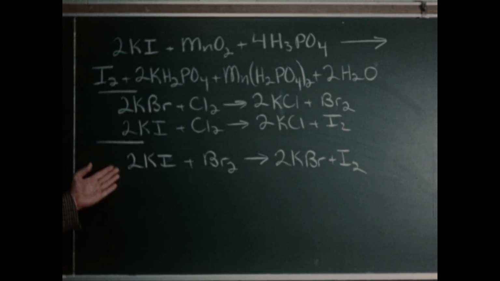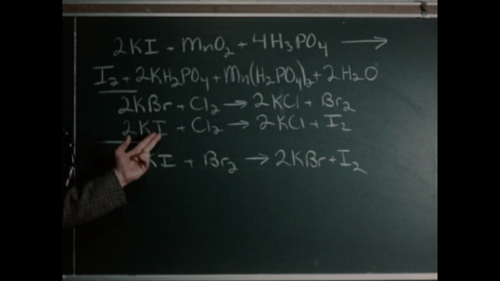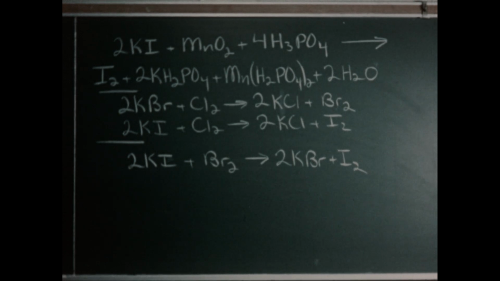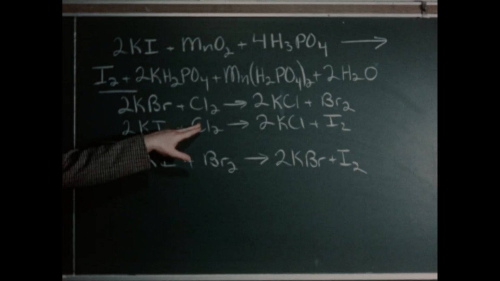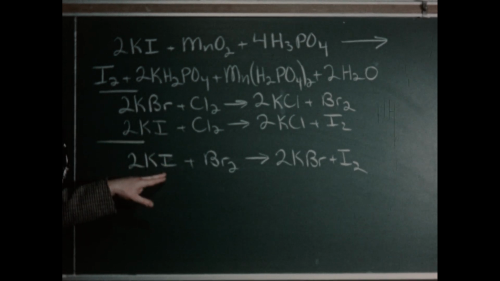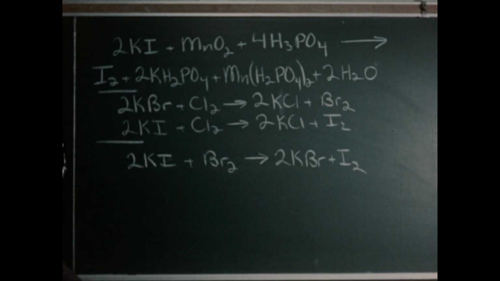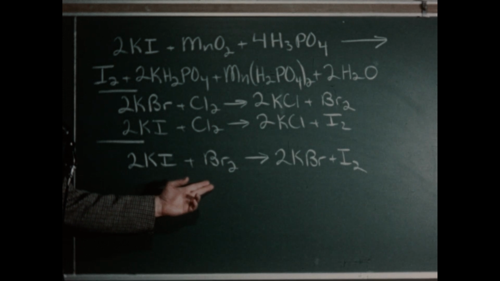And these reactions permit us to rank the three halogens in order of activity. It's obvious from these three equations that chlorine is the most active since it replaces the other two. Bromine is more active than iodine since it replaces iodine, and therefore iodine must be the least active of these three halogens as oxidizing agents.